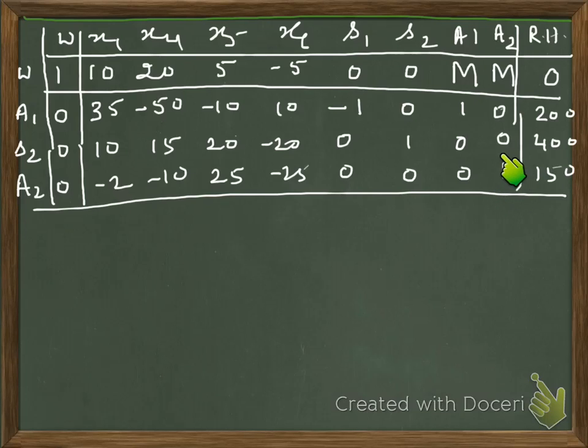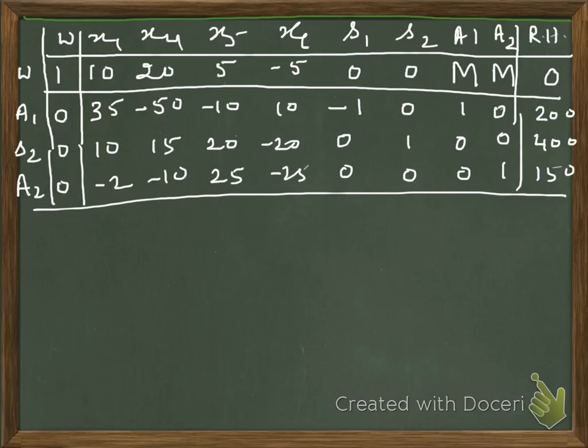Here again you have a 1 and the rest two zeros. So if you multiply this row also by m, and then subtract from here, you will get a 0. So our elementary row operation could be that we multiply this row by m and we multiply this row also by m, add them, and whatever we get, we subtract from the original objective function line.